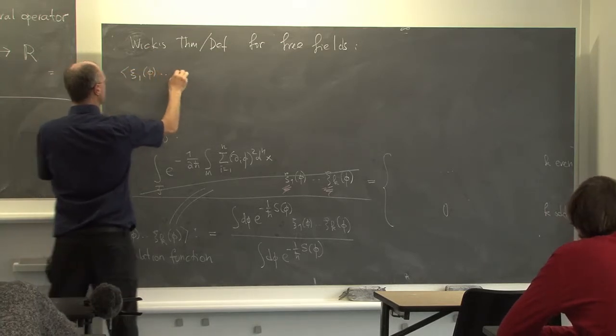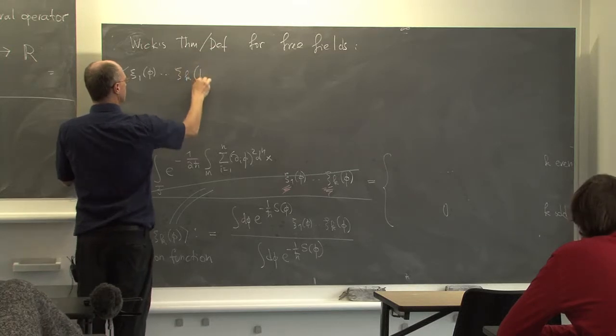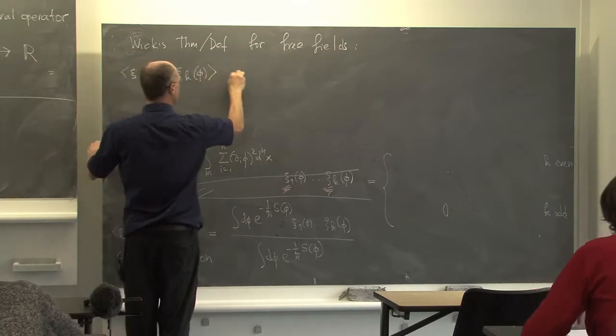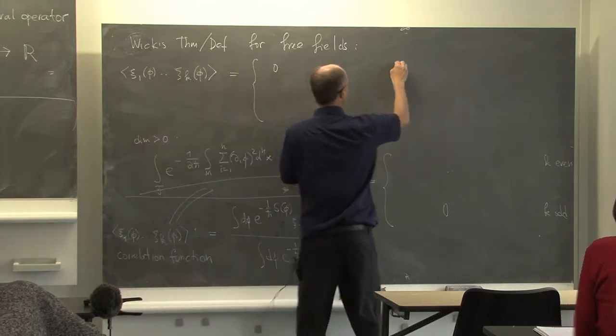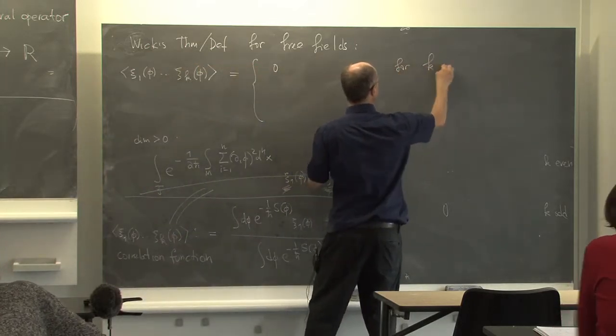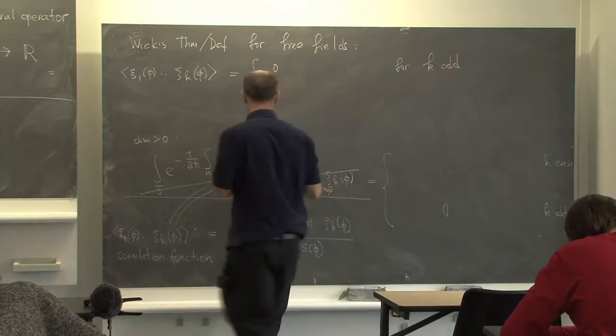So the correlation of psi 1 of phi, ..., psi k of phi is equal to 0 for k odd.